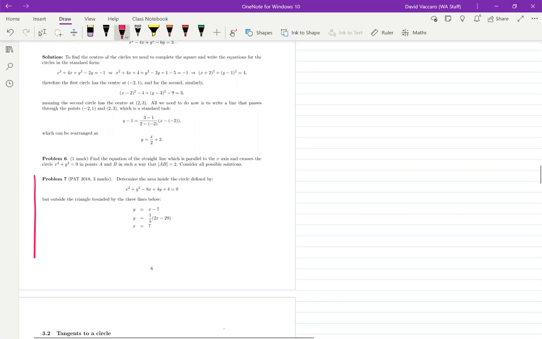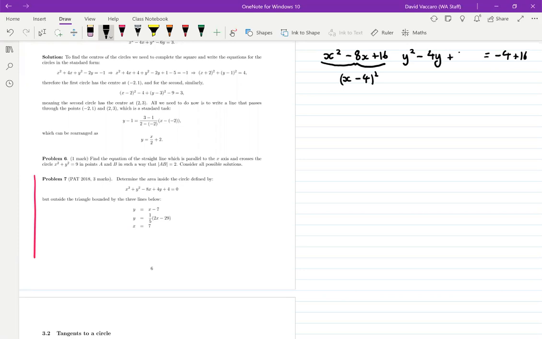So let's start by writing down the equation of the circle. So I've got x squared minus 8x. I'm going to leave a little gap, you'll see why. y squared plus 4y is equal to, I'll take the negative 4 over. And now the reason I've left a gap is I want to complete the square. So if I add 16 here, I end up with x minus 4 squared.